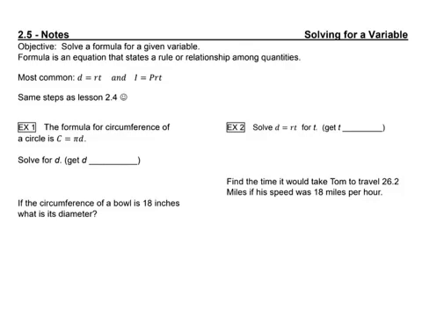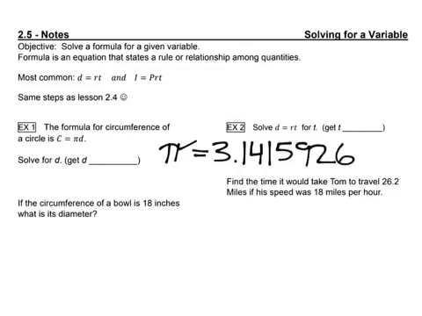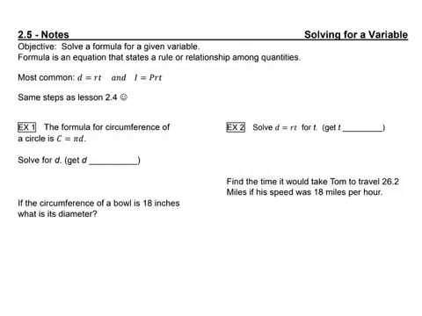So pi, if you don't know what that is, you can put it into your calculator and it'll give you something along the lines of the number 3.14159265. That's as much of pi as I have memorized. So that's pi. It just stands for that number. And there's a button for it on your calculator.